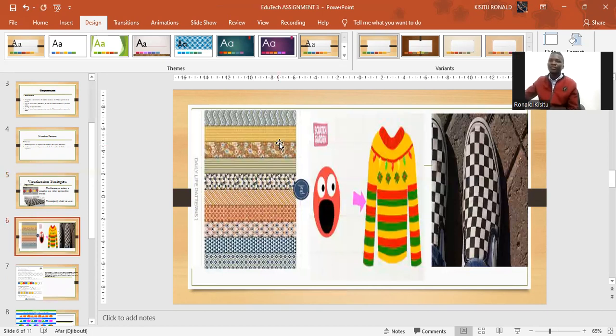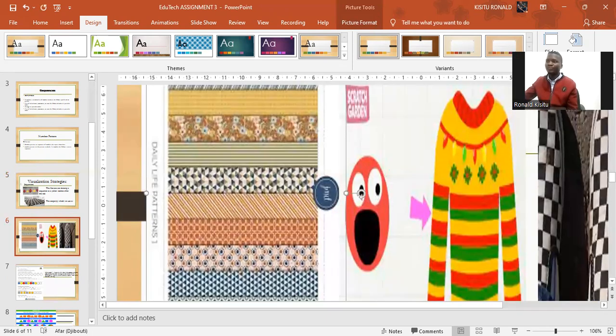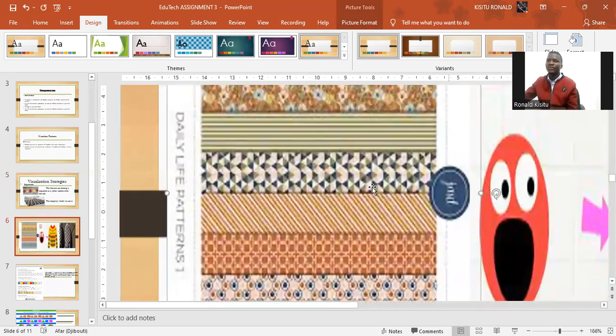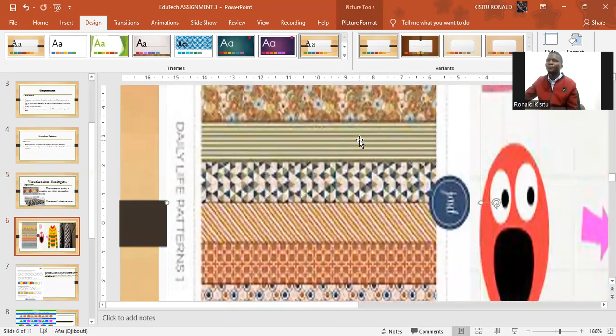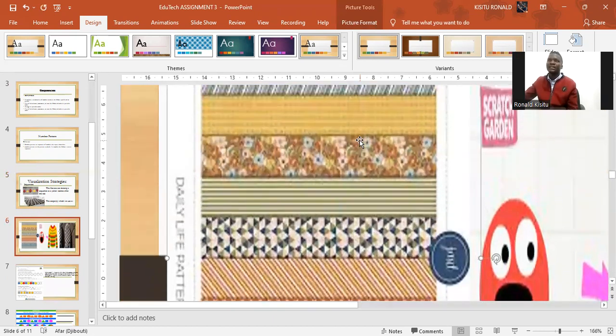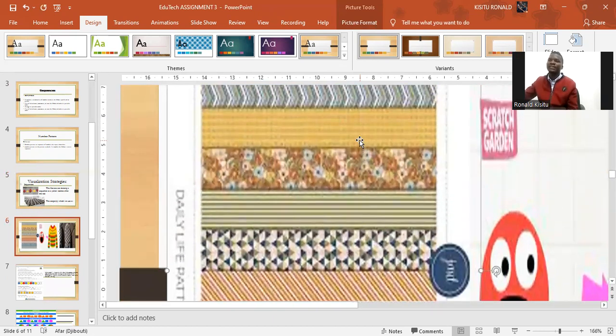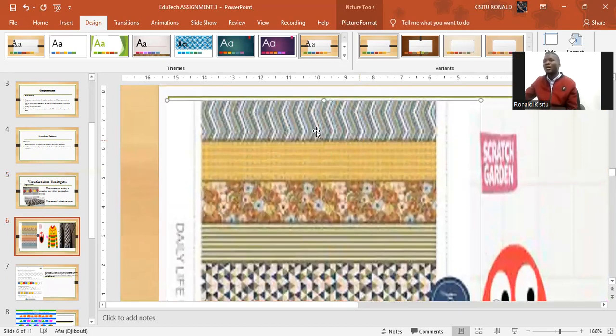Now, if you look at these ones, especially the first one, when I zoom it, someone can easily get to know that the colors are arranged.